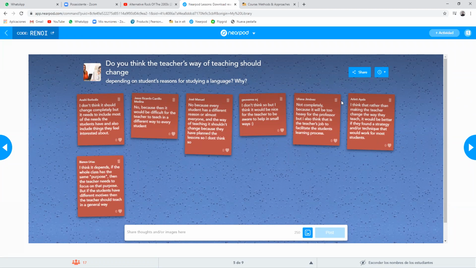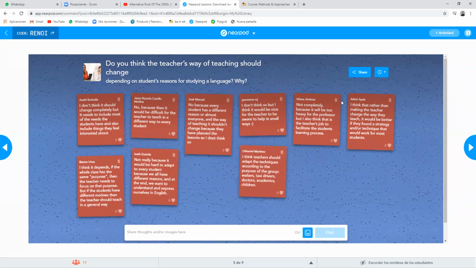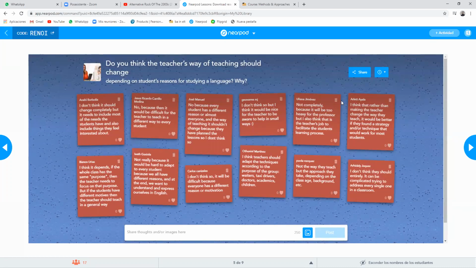Okay, Arlette's good. Okay, it depends. The whole class has the same purpose. I wish. Not really. It will be hard to adapt. I don't think so, it's difficult because everyone has a different reason. Yes. They show the techniques according to the purpose of the group. Okay. No, not the way they teach, but the approach they take. Oh, okay.